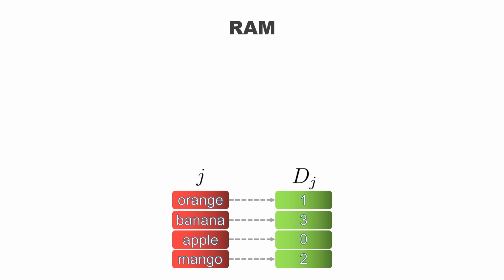In classical computers, random access memory, or RAM, is a type of volatile memory that has memory addresses j and stores the binary data corresponding to each address. Suppose we have two quantum registers, J, which contains addresses, and D, to store the data.